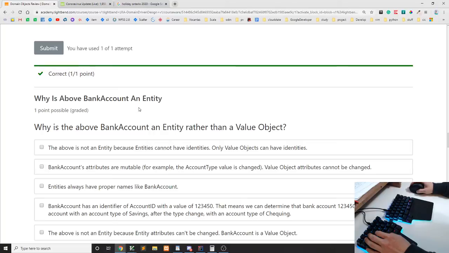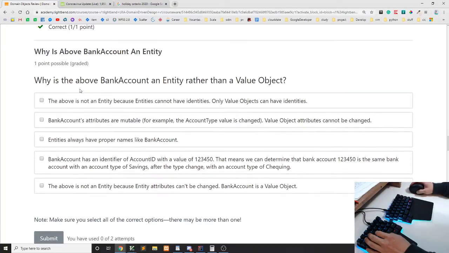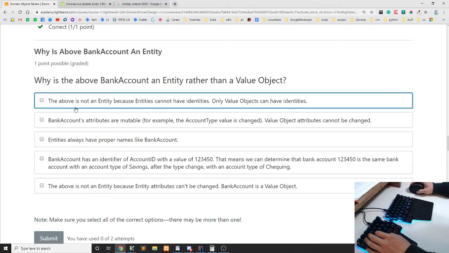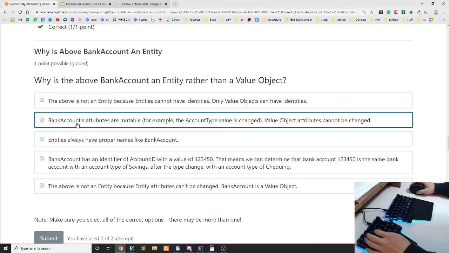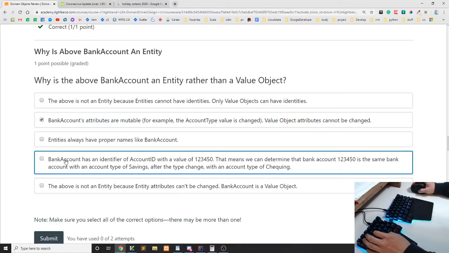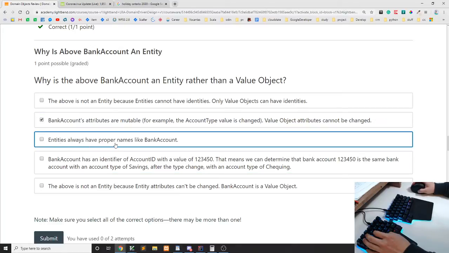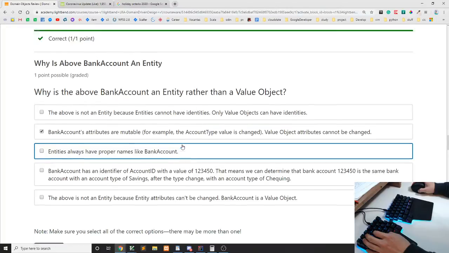Why is the above bank account an entity rather than a value object? The above is not an entity because entities cannot have identities. Wrong. Bank account's attributes are mutable. For example, the account type value is changed. Value object attributes cannot be changed. Entities always have proper names like a bank account.